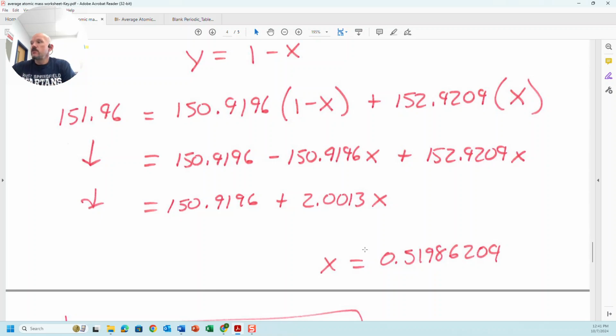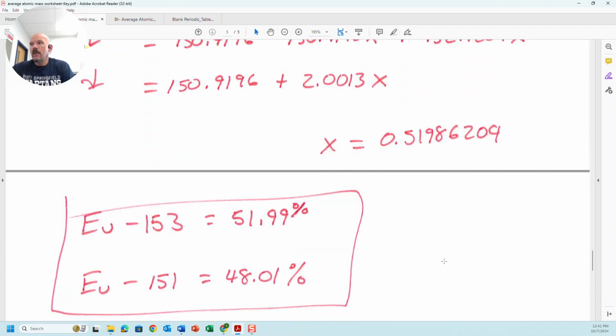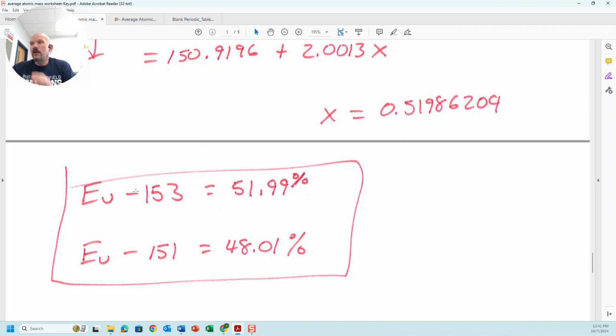Multiply by 100. So that means X as a percentage is going to be 51.99%. Okay? So that means the europium 153 is 51.99%. How do I get the other percentage? Subtract from 100. So 100 minus 51.99% will give me the percent of the other isotope. Okay, so there you go.